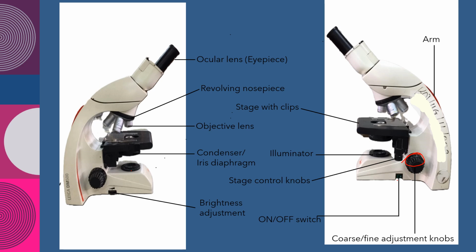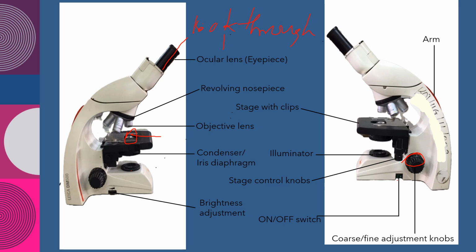Good. So what are the functions of all of these parts that we've stated here? The ocular lens is where we look through to observe the specimen on the stage. So we place our slide on the stage. We look through the ocular lens and observe the specimen on the stage.